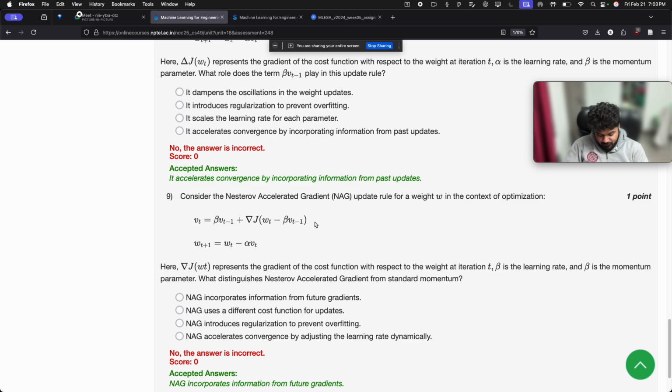What is this thing? If I write it here, this is Wt plus 1, this is Wt minus beta times Vt minus 1. Getting it? Forget this Vt minus 1. We are taking the new weight by using the old weight and subtracting the old gradient.